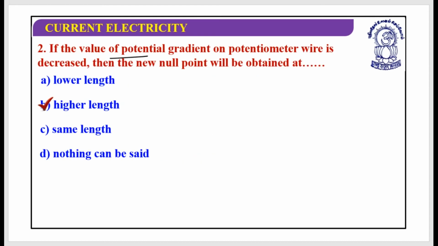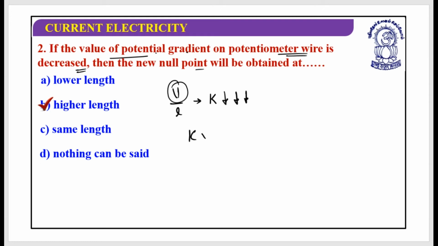Second, if the value of the potential gradient on the potentiometer wire is decreased, then the new null point will be obtained at, let's say the potential gradient V by L, and assume that this is K. If this is going to be lesser, then what I can understand is that V is constant, because V has been supplied from the source battery, or we can say the master battery.